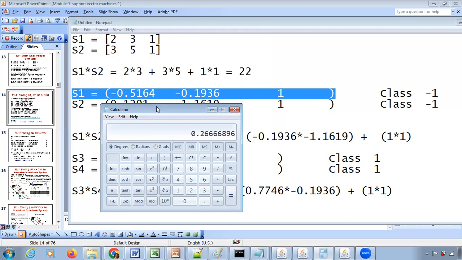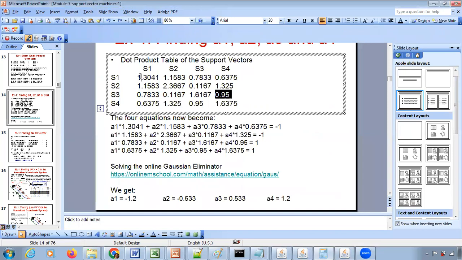That's going to be the square of that number. Plus 0.1936 again. After typing 1936, type star. When you press enter now, it's going to square 0.1936 and add with the previous term value. That's together this plus a 1 times 1. So that's going to be 1.3041. That is S1 times S1.